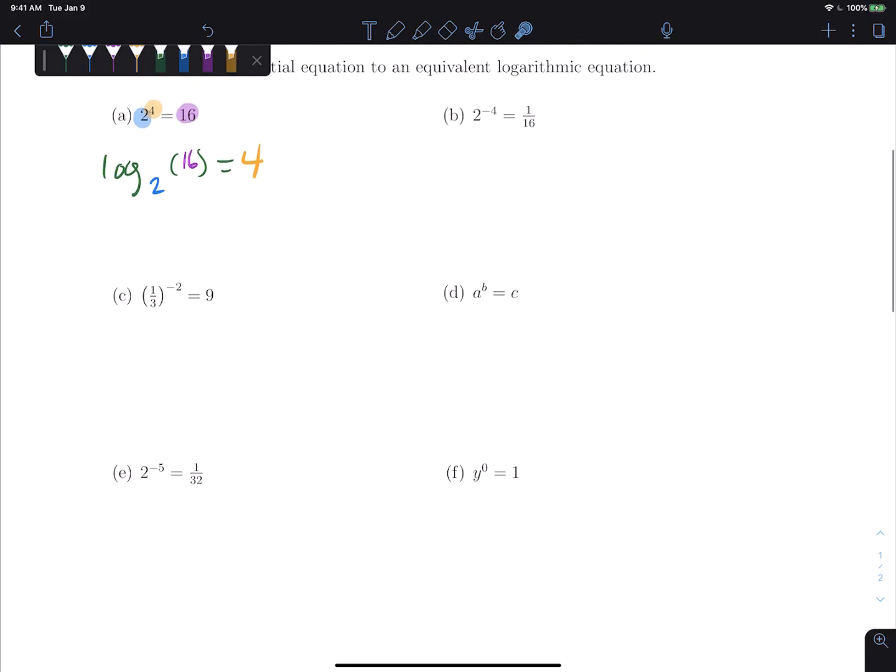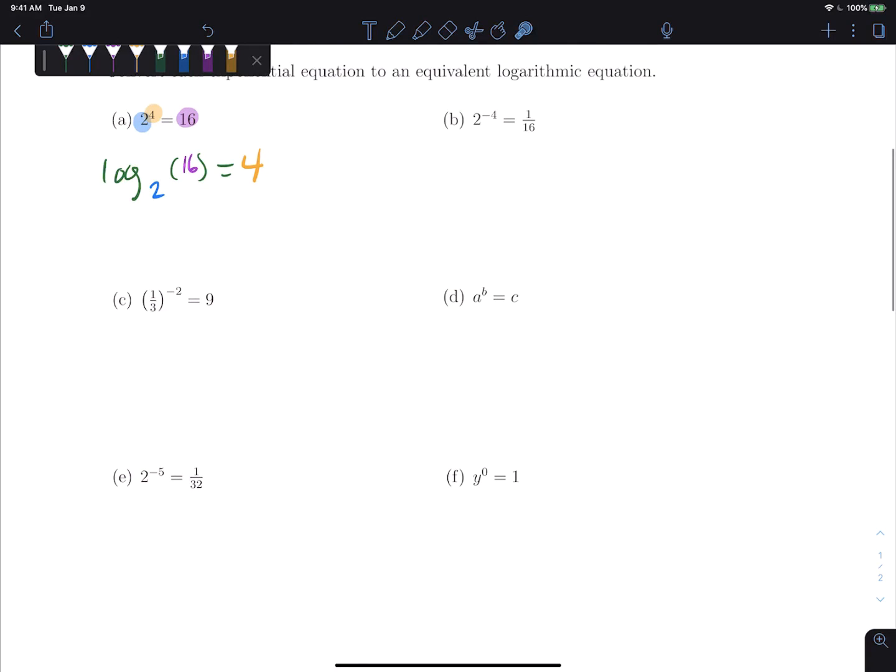Alrighty, let's look at letter B. 2 to the negative 4 equals 1 over 16. If you notice, the base is 2. So whenever we write the logarithm, we have log base 2 of something equals something else. Notice that the exponent is negative 4. That means that the negative 4 is out here by itself, and the 1 over 16 is the argument.